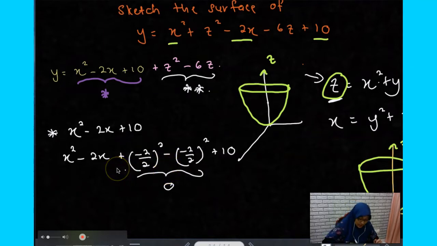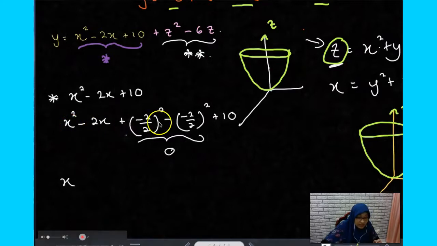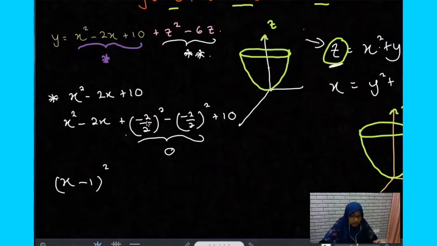So in order to factorize or to simplify that, I just take the x. So x, and then I just take the value after we divide by 2. So I got minus 1. So x minus 1 squared. Okay.